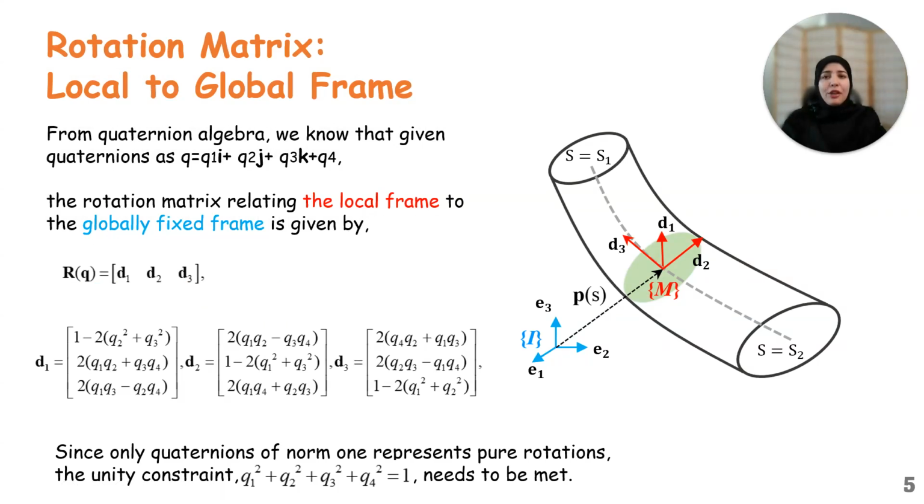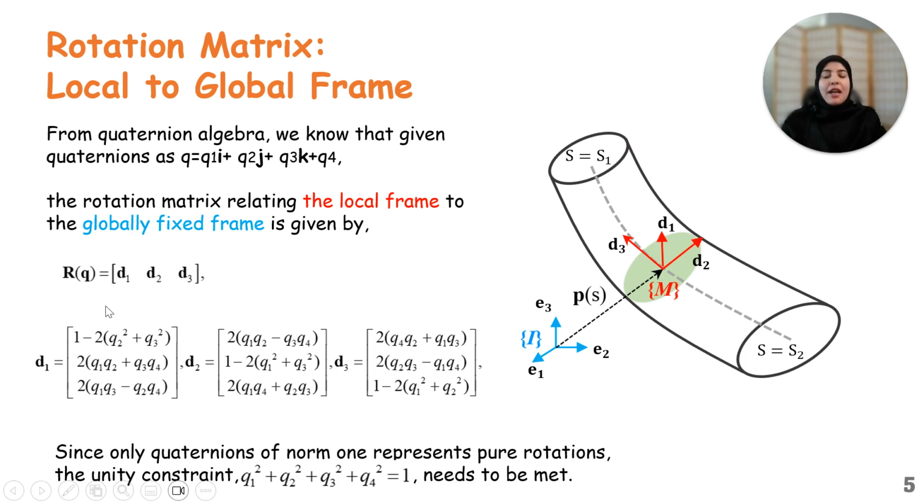Now let's take a look at the rotation matrix. The rotation matrix relates the local frame to the global frame. From quaternion algebra, we know that given quaternions with unit vector parts q1, q2, and q3 plus a scalar part q4, the rotation matrix that relates the local frame to the globally fixed frame is given by the matrix R shown here.